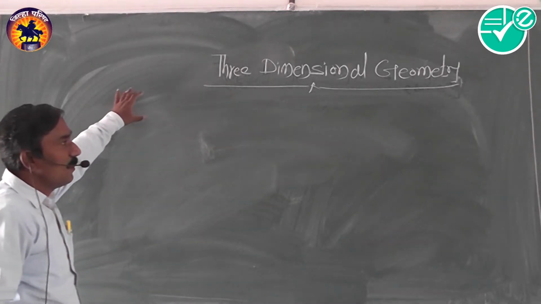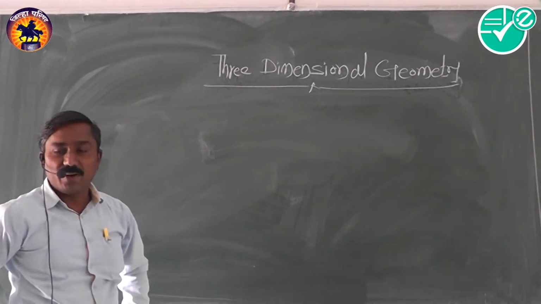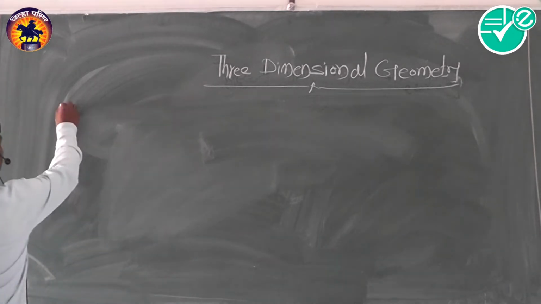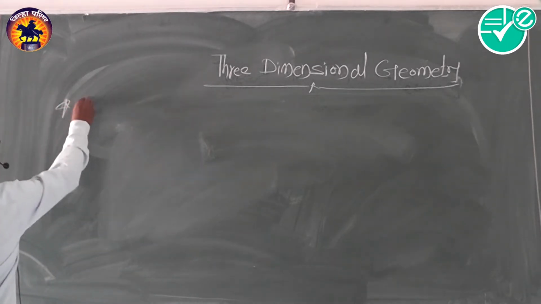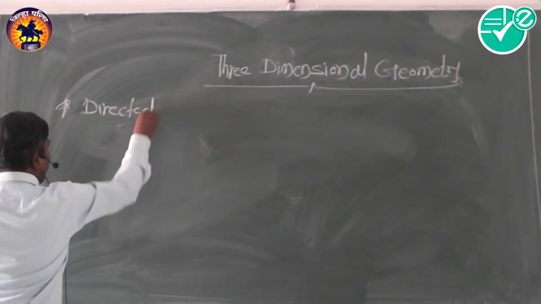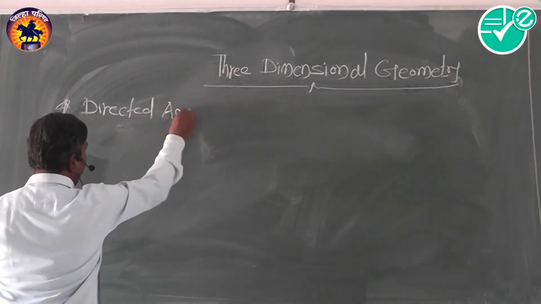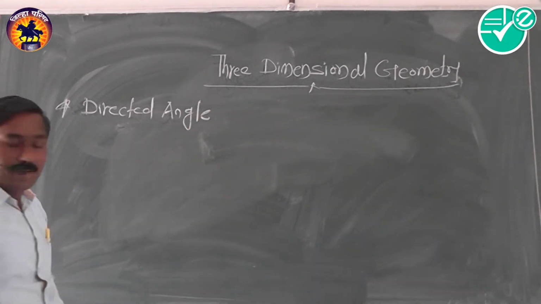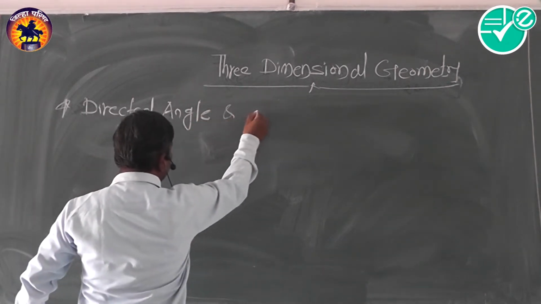Now in three-dimensional geometry we have to discuss the first three definitions first of all. The first definition is directed angle, direction cosine.